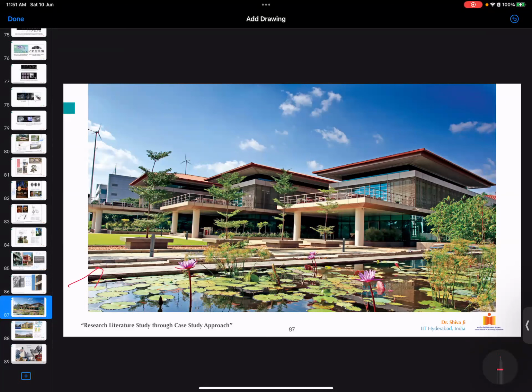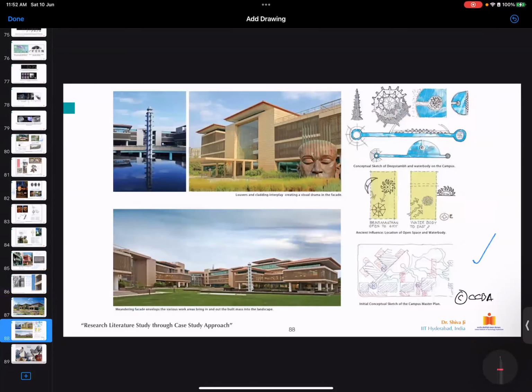Here Christopher Charles Benninger has utilized multiple examples from traditional Indian architecture in modern utilization. You can see some contextual sketches. This is from CCBA. So this is how the case study approach helps in bridging the old and the new, or any such context.